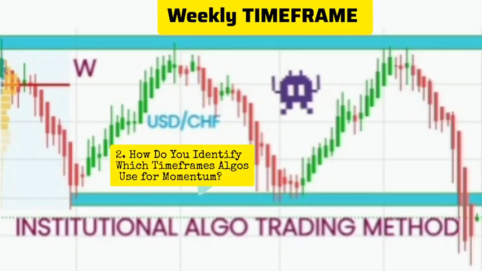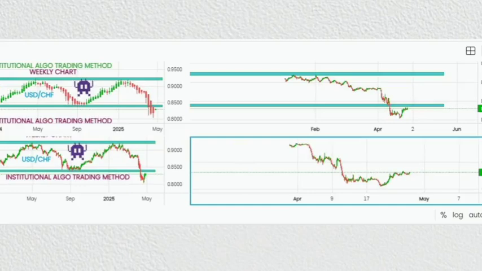2. How do you identify which timeframes algos use for momentum? One of the hardest parts of algorithmic trading is figuring out which timeframes the algorithms are targeting. Since algorithms work across multiple timeframes, pinpointing their exact behavior can be tricky, but there are ways to identify where momentum is building.